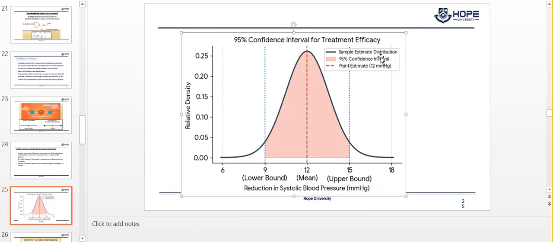Also, the sampling distribution is a normal distribution, the red area is the 95% confidence interval, and the dotted line is the point estimate, while the color outside is not important in the interval.